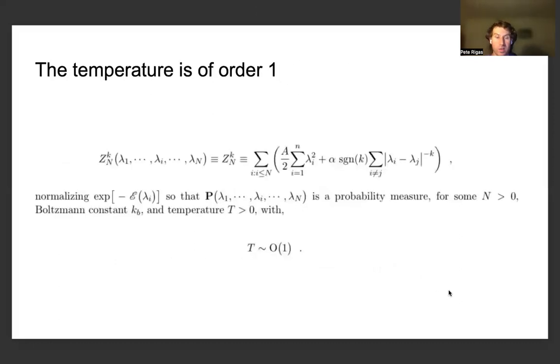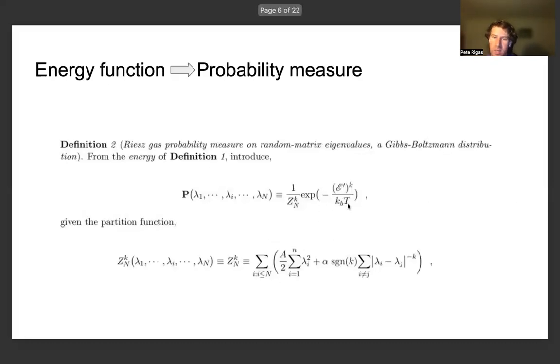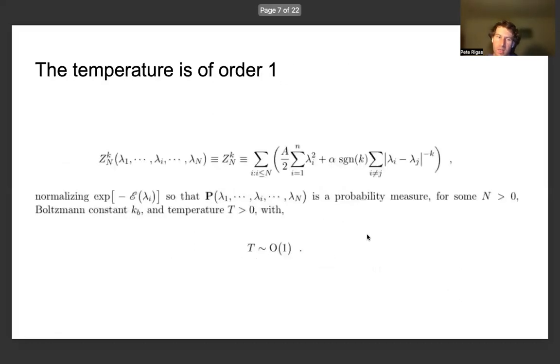And as we had alluded to previously, the temperature, which is involved in the kBT, which is given by the reciprocal of the energy function in the power of the exponent, is also of order 1. So we're introducing some assumptions on the order of the temperature that we would like to have in the probability measure, as well as the order of the parameters big A and alpha, which also have to be of order 1, as we had mentioned earlier.